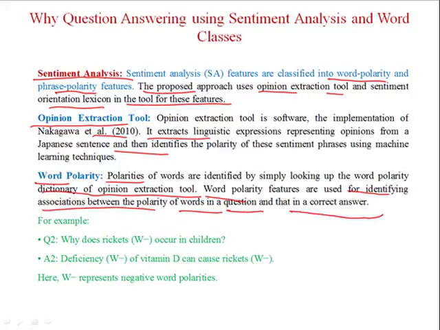For example, why does rickets occur in children? Rickets shows negative polarity. Deficiency of vitamin D shows negative polarity. Cause of rickets, negative polarity. These are negative word polarities, used together with semantic orientation.